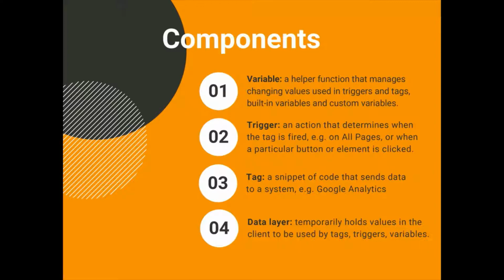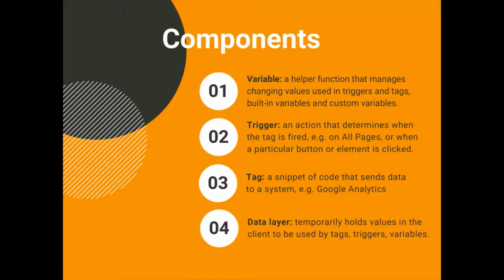However, you can also create other triggers that only fire particular tags based on a particular event, such as when a button's clicked, when an element's clicked. It might only be on a certain page, like on a confirmation or success page if we're doing purchase or registration or conversion tracking. But the triggers and the tags, I said variables are an option.